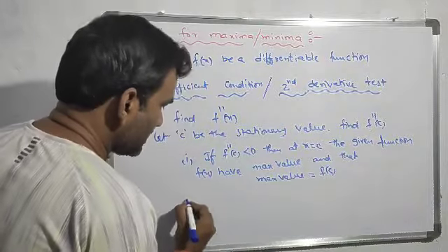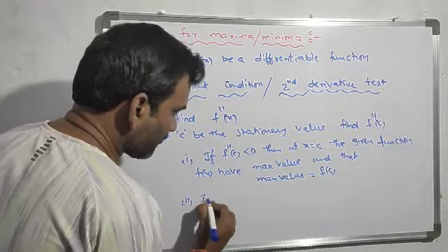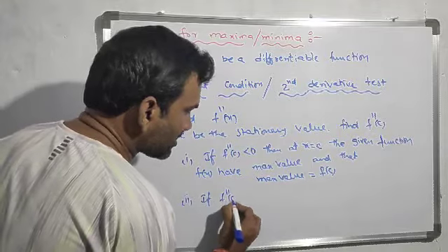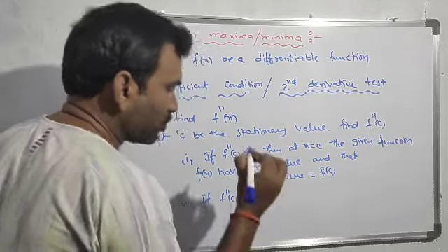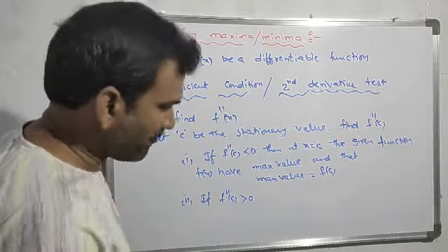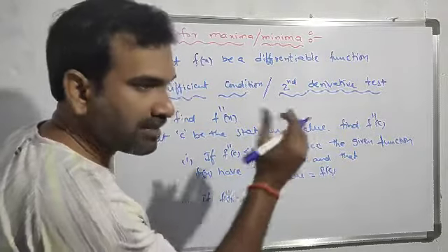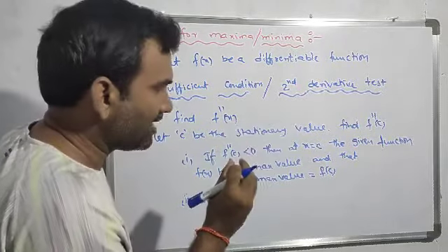Suppose if f double dash of c is greater than 0, I am taking c as the stationary value.